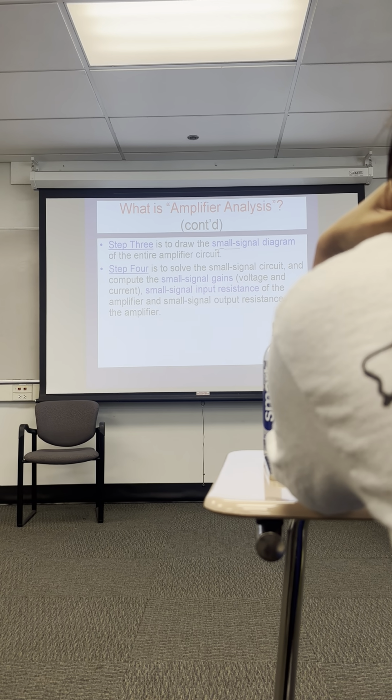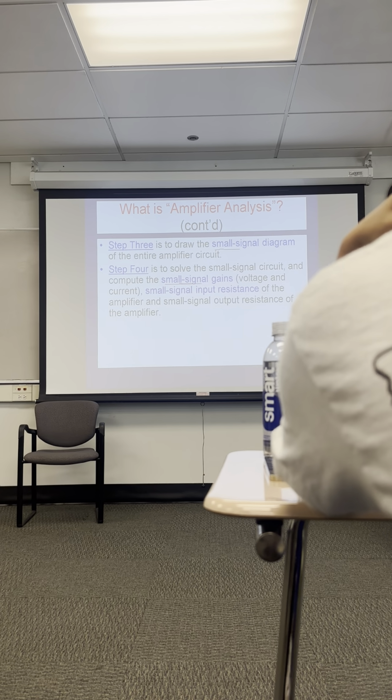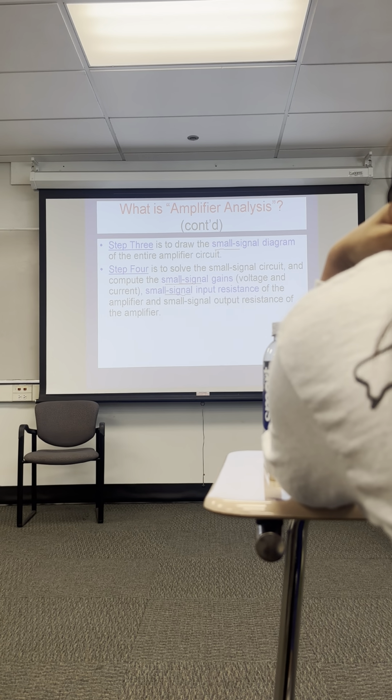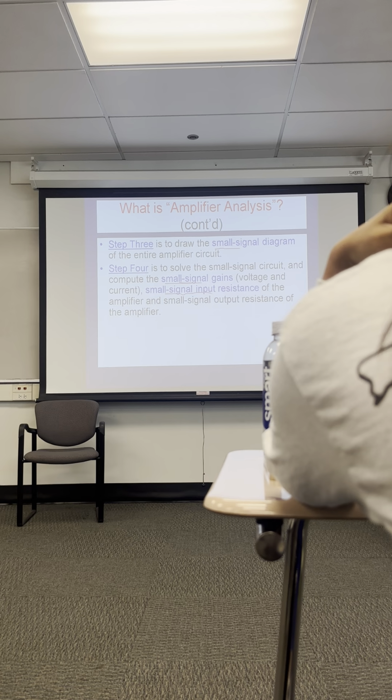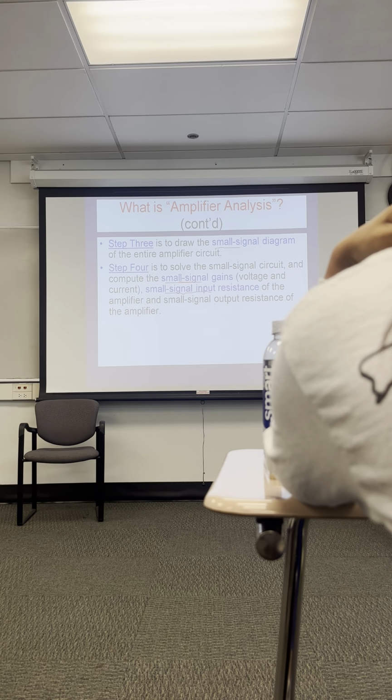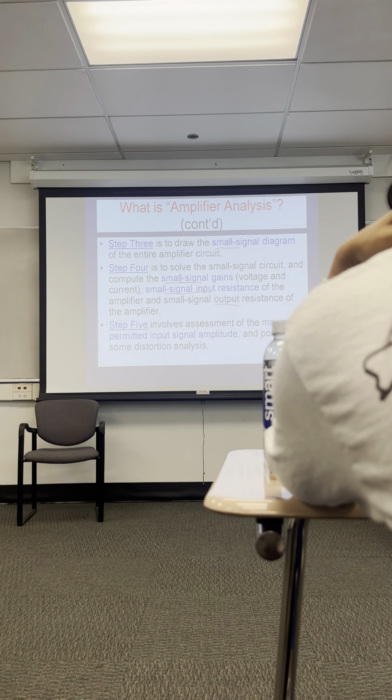Step 4, solve the small signal circuit, compute the small signal gain, and compute the small signal input resistance. It says compute small signal output resistance, however, we're basically just going to stay with calculating the small signal input resistance.